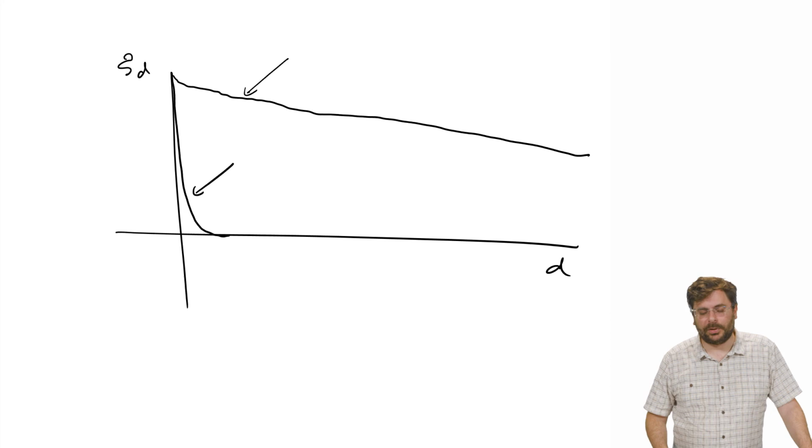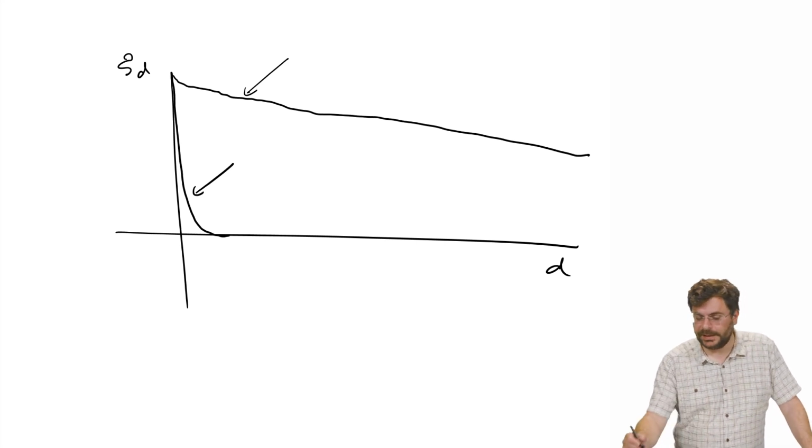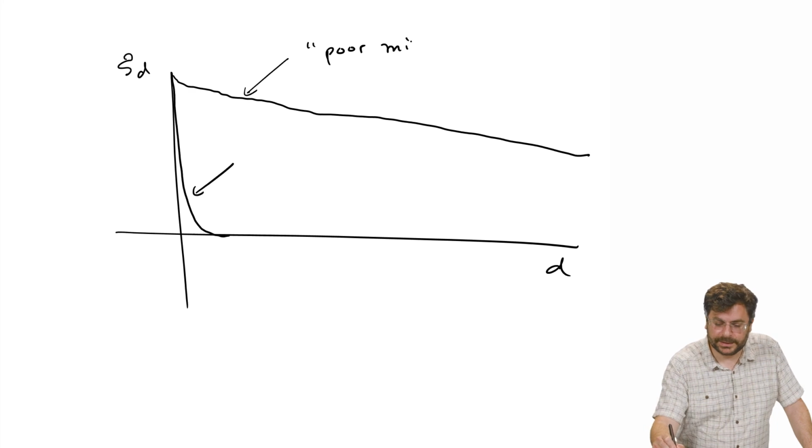So looking at sample autocorrelation is also a very important tool towards diagnosing helpful versus unhelpful chains. A chain that decorrelates very, very slowly is said to have poor mixing.